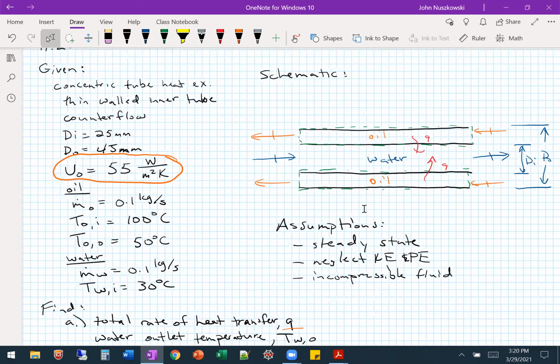You mentioned another thing about the inner or outer. Well, in this problem there actually isn't an inner or outer heat transfer coefficient, because it gave us this thin-walled inner tube. So we're basically neglecting the wall resistance or wall thickness.